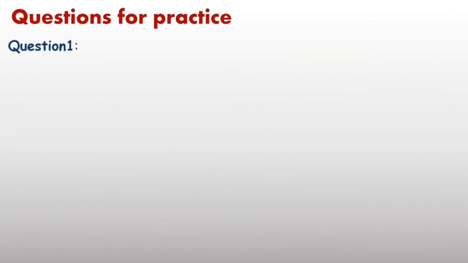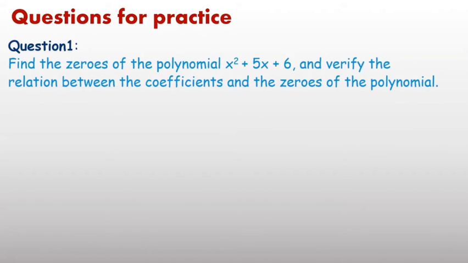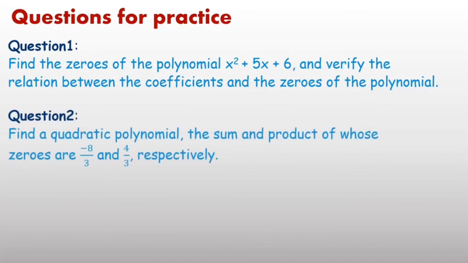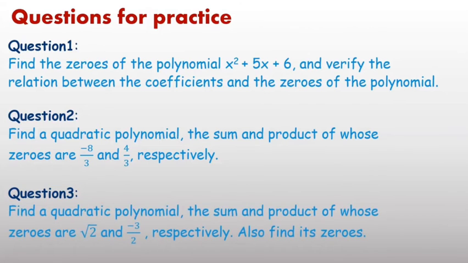Now some questions for practice. In first question, you have to find zeros, and after that verify the relationship between zeros and coefficients. Second question, you have to find a quadratic polynomial if sum and product of zeros are given as minus 8 upon 3 and 4 upon 3.